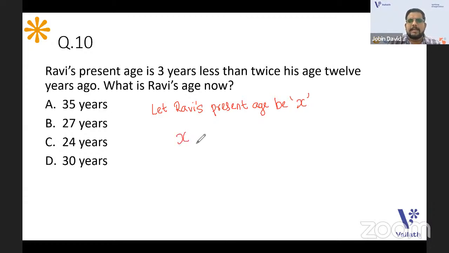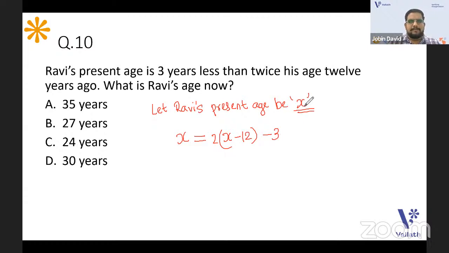Present age is X. Whenever there is an 'is', there should be an equal sign. 3 years less than means minus 3. Twice his age 12 years ago. If the present age is X, the age 12 years ago will be X minus 12. Twice means this one into 2, and it is 3 years less than, so minus 3. This is how you form an equation by reading the statement or sentence.